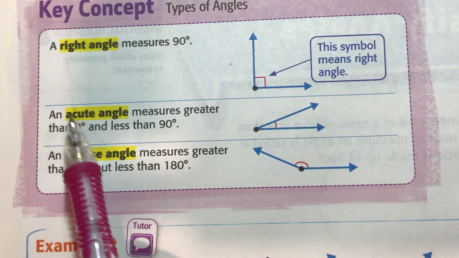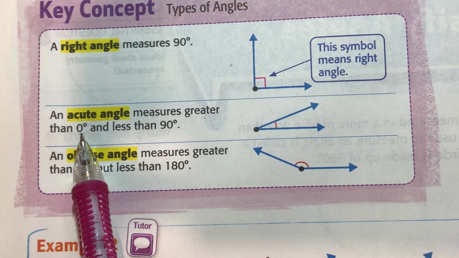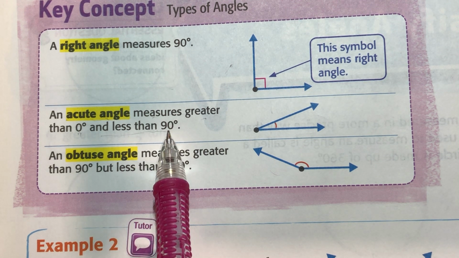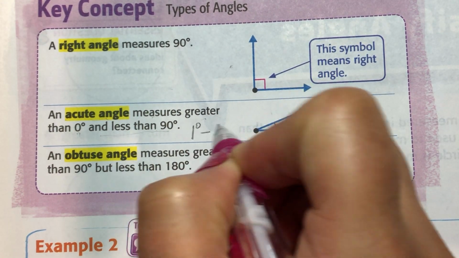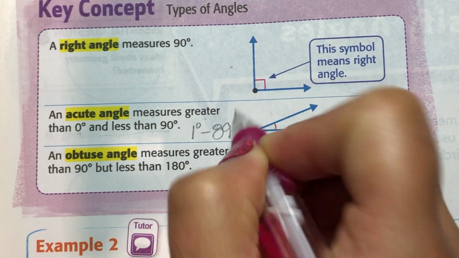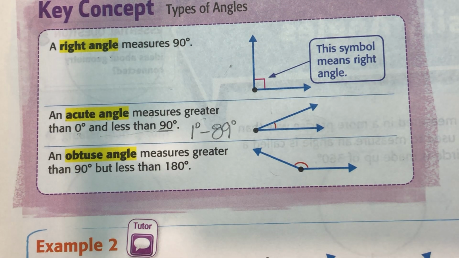Okay, an acute angle measures greater than 0, so it has to be at least 1 degree, and less than 90. So it has to be 1 degree to 89 degrees. Now it can't be 90 because 90 is the right angle.